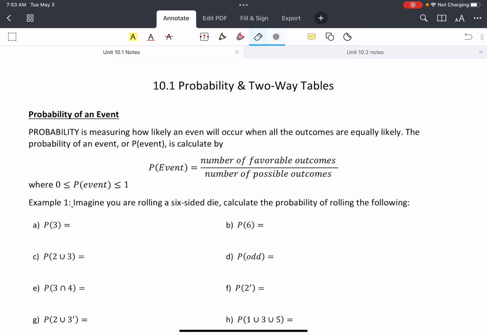So before we get going, what I want to do is review how to turn a fraction into a decimal and then into a percent. Okay. So let's say I had 5/13.